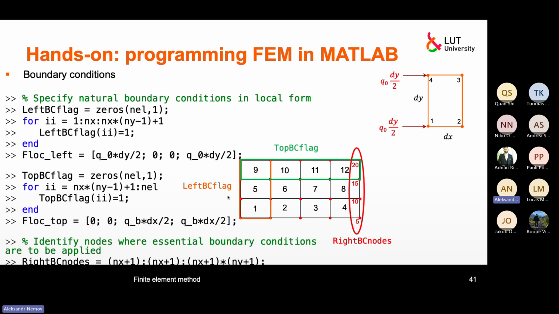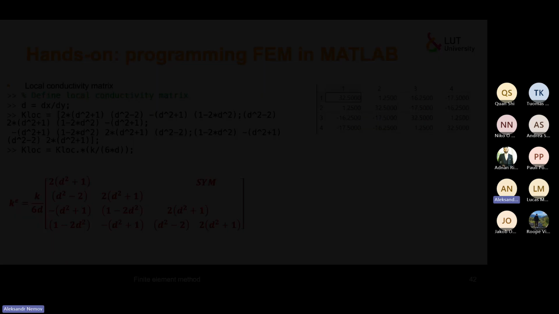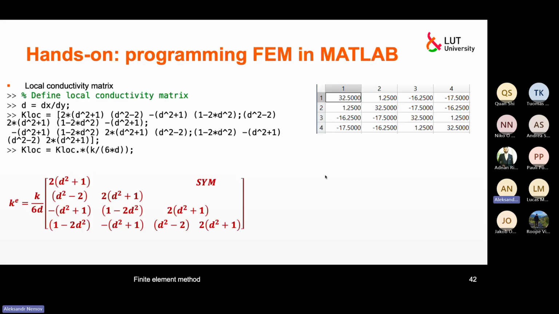Okay, should we go further? Good. So this is the part that I like the most because it's quite universal, and this is exactly how it is even in more difficult situations. So this local conductivity matrix, we discussed how we can calculate it in this simple case of rectangular elements using just this d parameter with the aspect ratio of our elements.